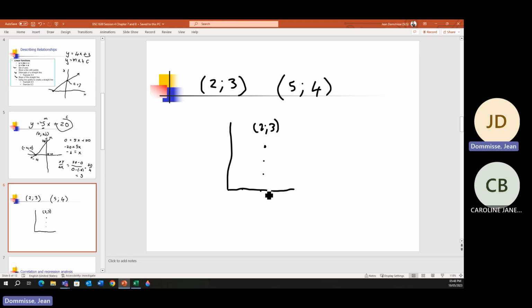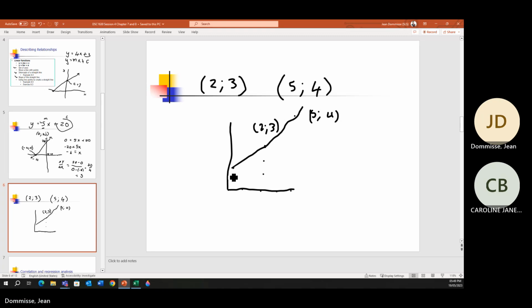So that was 3, 4, 5. Okay, so let's say that is your point 5 and 4. So it does seem at least something that can work. Okay, so it's something like that.